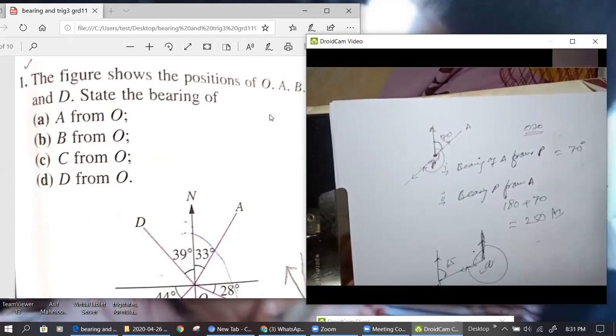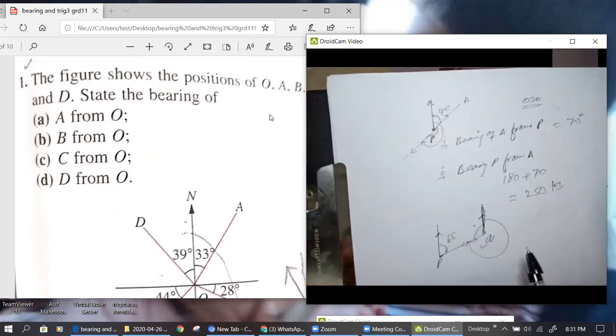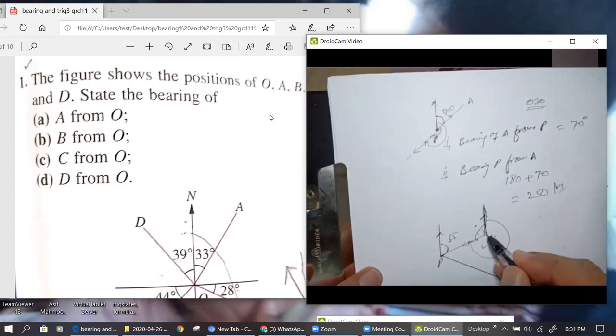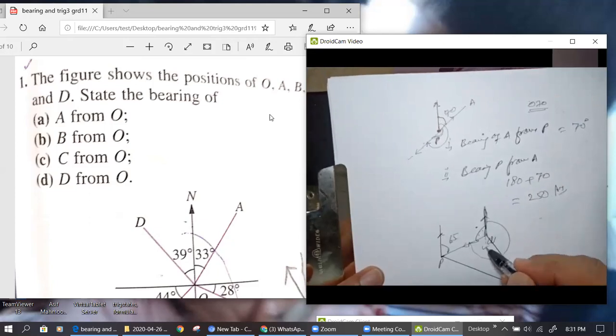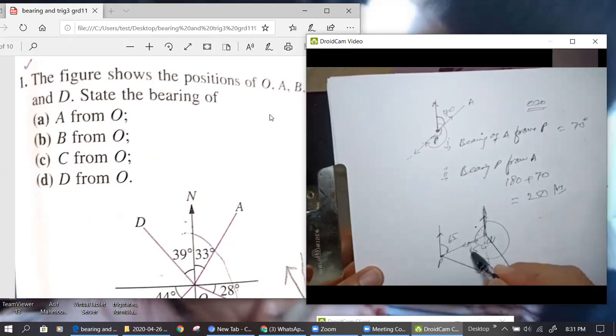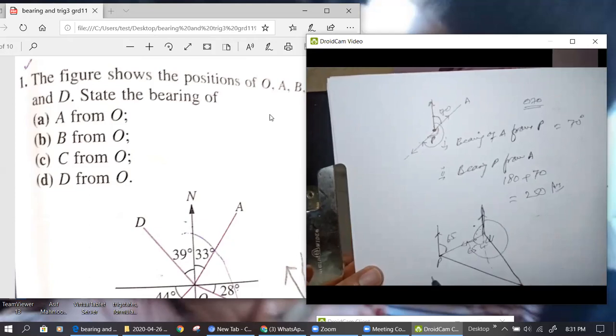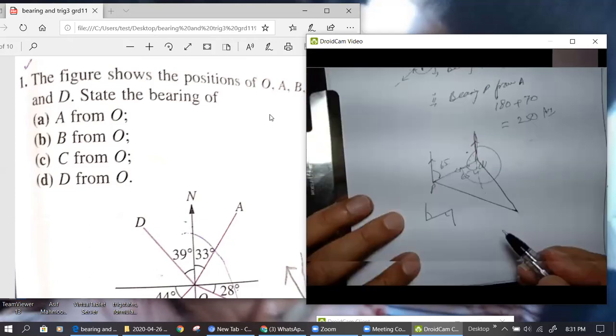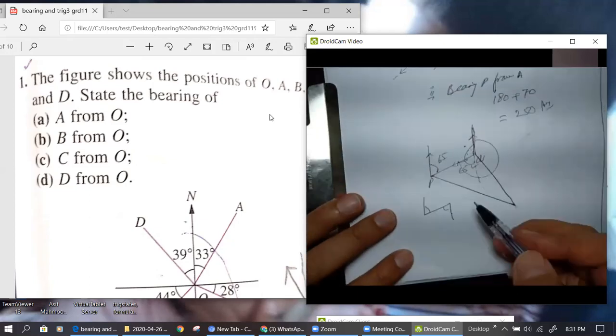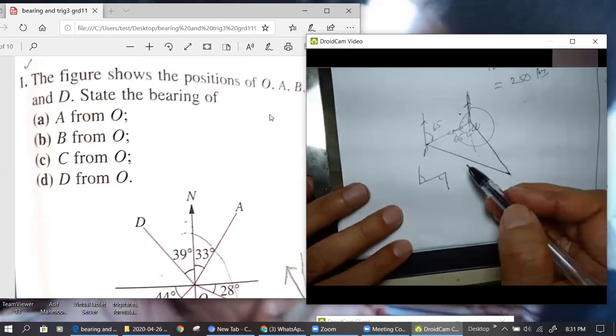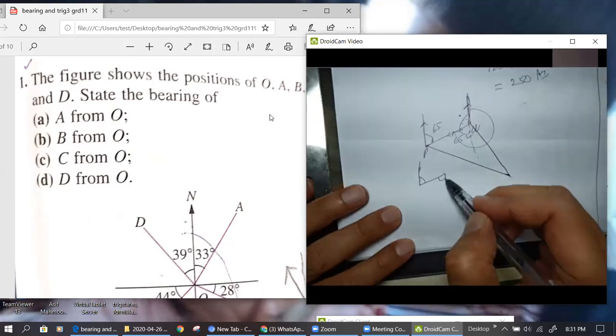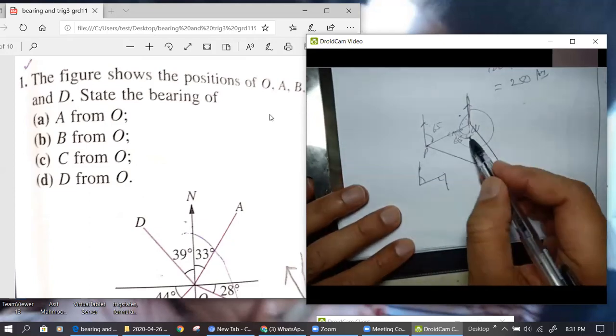And sometimes if they move over here like that, you can make this straight line also. So you can put 65 over here because this is an alternate angle, making a Z like this. Yeah, sometimes we use this Z condition also. So this is making Z, right? So this you can write over here, and the remaining angle is this bearing, also given.